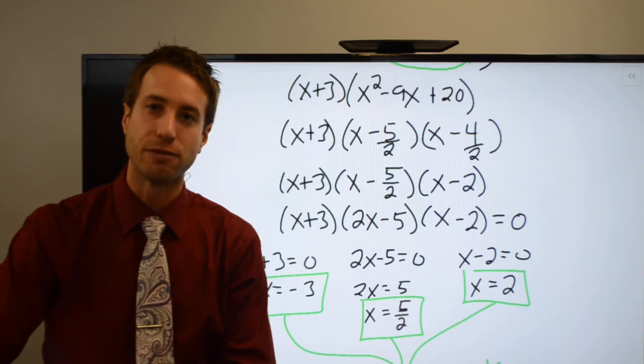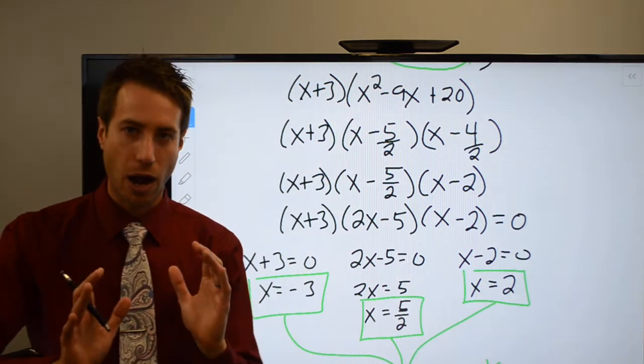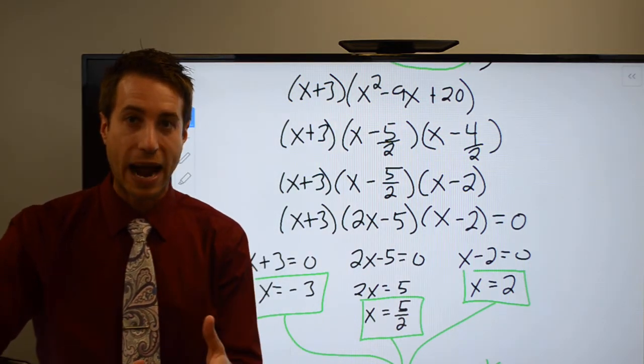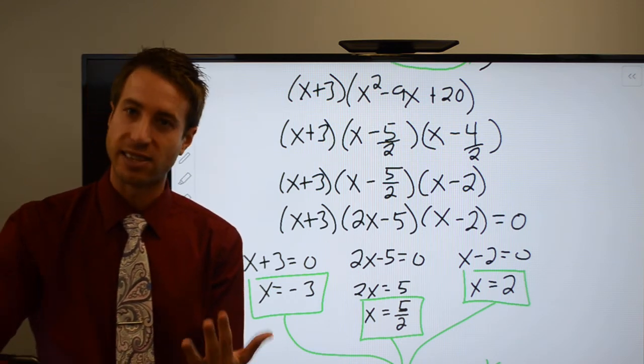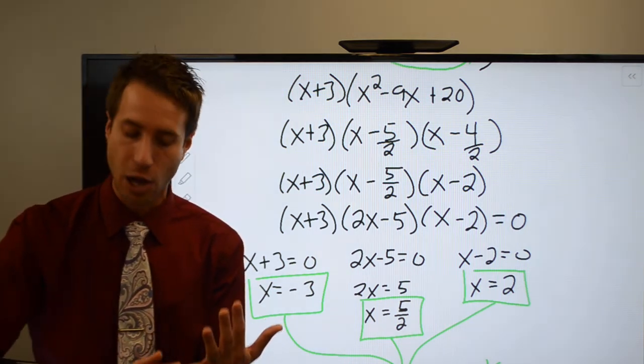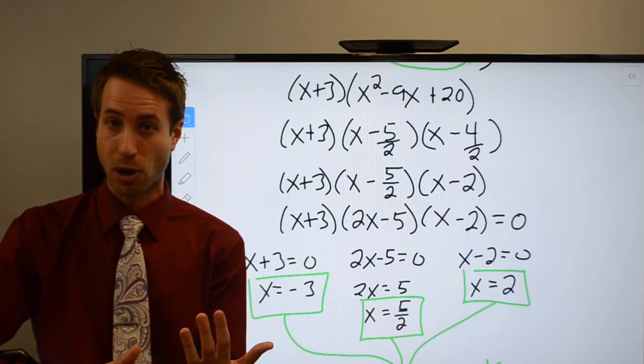And I really hope you can grasp the magnitude of what you have just done. You have used synthetic division to determine whether a binomial is a factor of a polynomial.